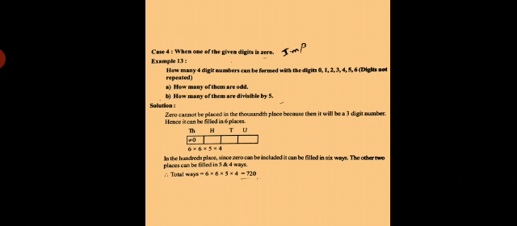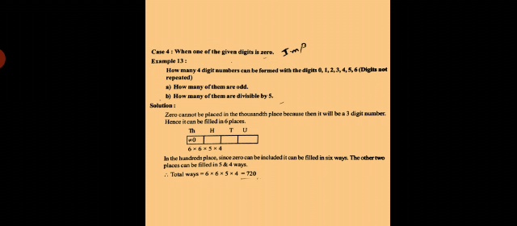In the hundreds place, since 0 can be included, it can be filled in 6 ways. The other 2 places can be filled in 5 and 4. After writing 5, just write the numbers in decreasing order. But make sure what numbers they have asked and what numbers they have given.